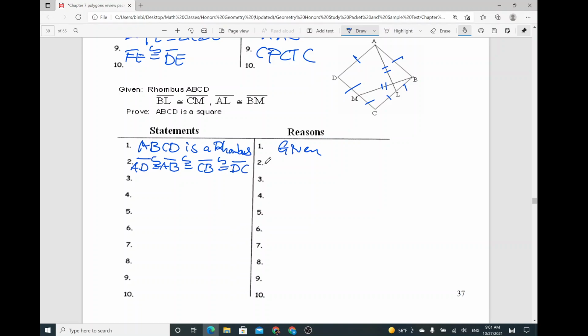Once we do that, another thing that we need to prove here is the angles. We just want to show that these two angles are congruent to each other.